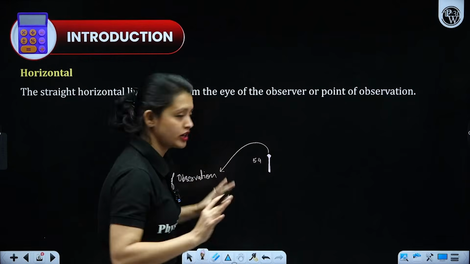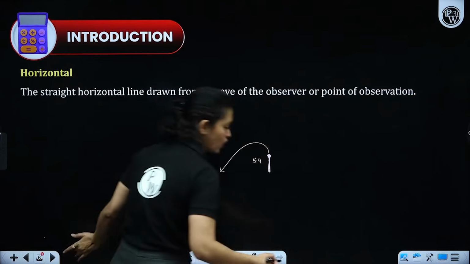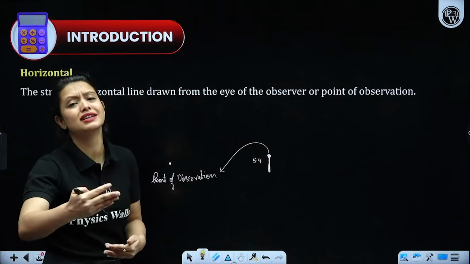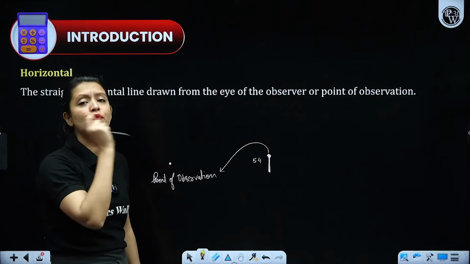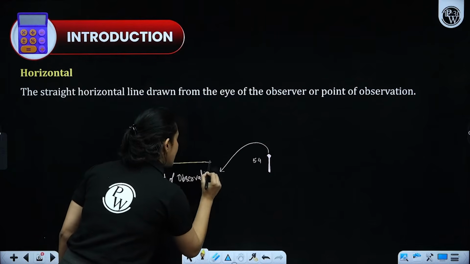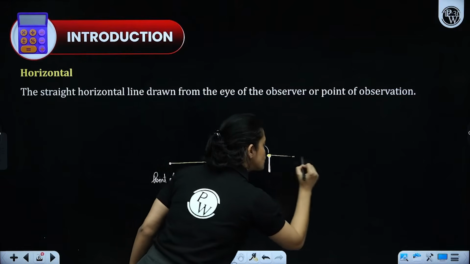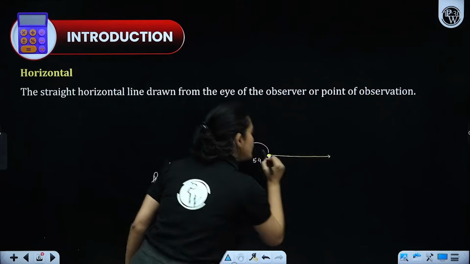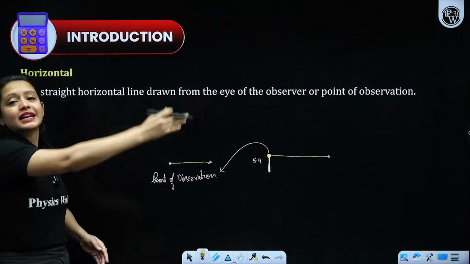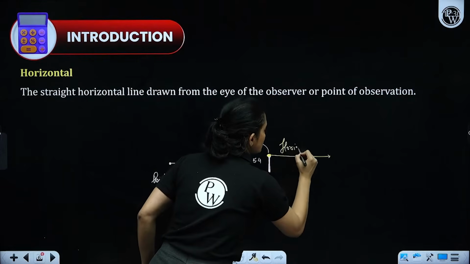What is horizontal? So horizontal is basically a sleeping line that is drawn from the point of observation. So if I draw a straight line like this, or here if I draw a straight line like this, from the point of observation you draw a straight line, that is your horizontal, everyone.